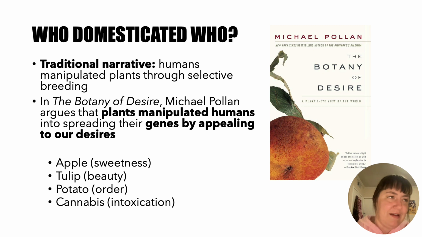There's also a Netflix documentary made based on it. He goes over the history of four crops: apple, tulip, potato, and cannabis, and how they were domesticated and bred and popularized in different ways, and their relation to different human desires. So I highly recommend reading that.